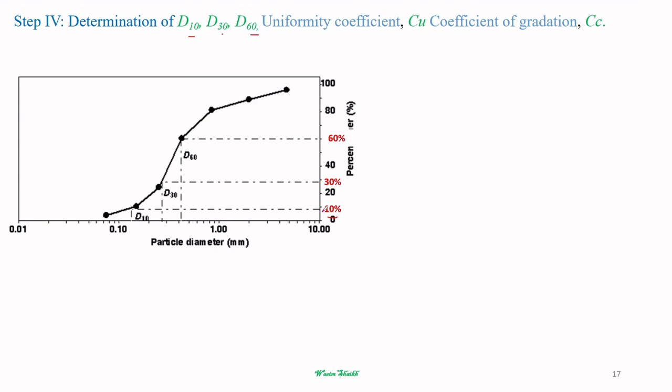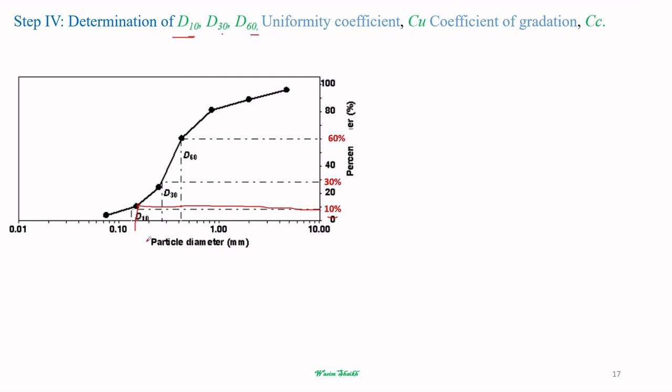Then from this 10% point, I'll draw a horizontal line using a scale. From this point, I will drop this line on my x-axis. Wherever this vertical line meets your x-axis, and remember what is on the x-axis? The diameter in mm. Wherever this line cuts your x-axis, that becomes your D10.